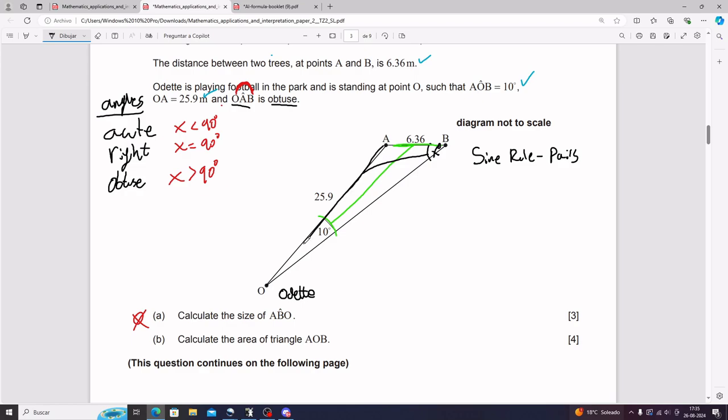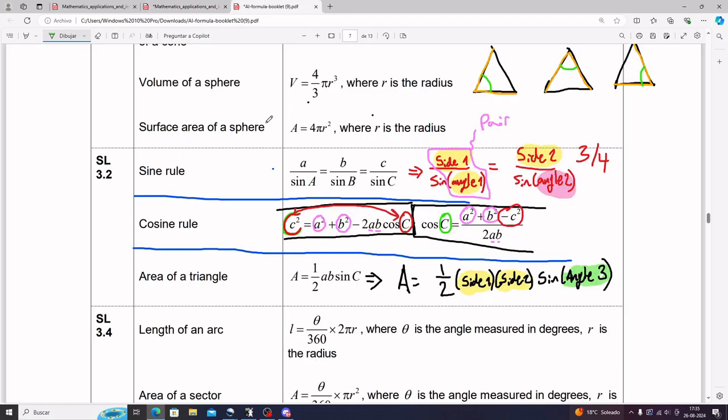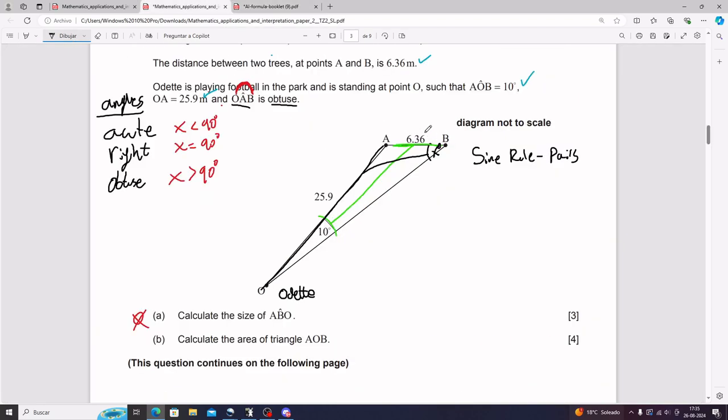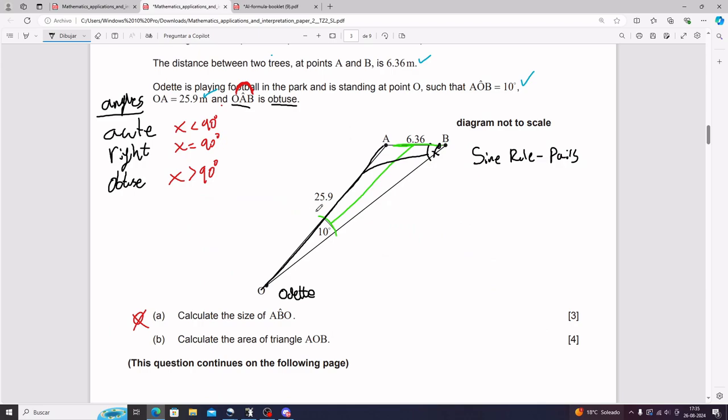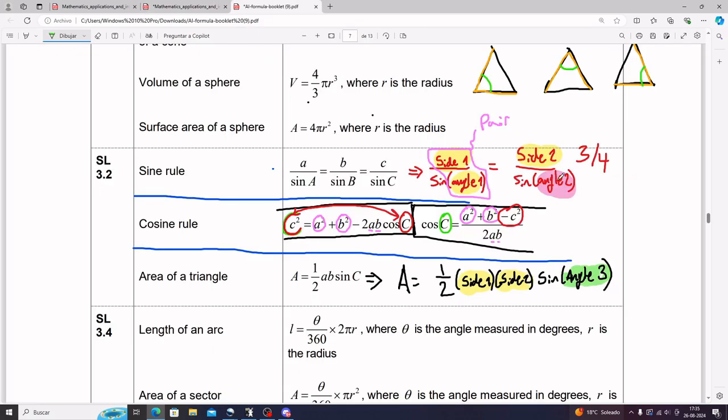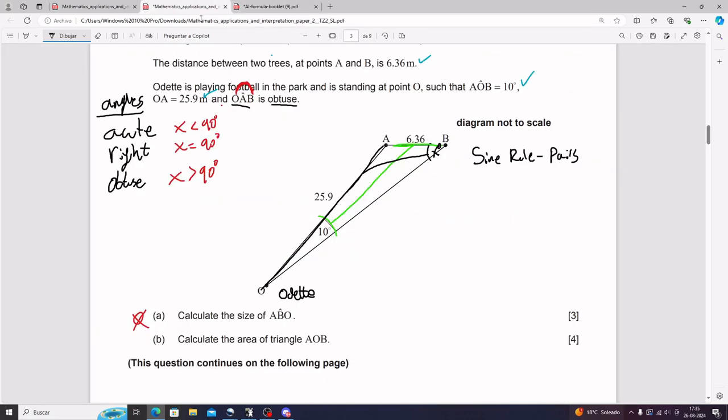And you actually have that side. So look at that. You have side 1 and angle 1 right here. Side 1 is 6.36, angle 1 is 10. And then you have the side 2 right here of 25.9, and you don't have the angle of that 25.9. So sine rule here actually works perfectly.